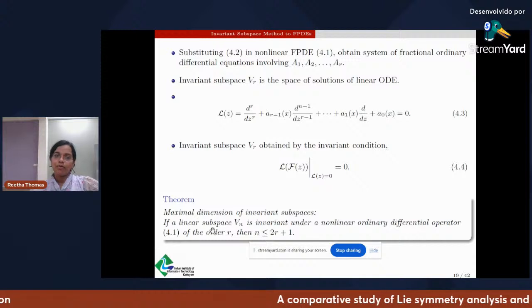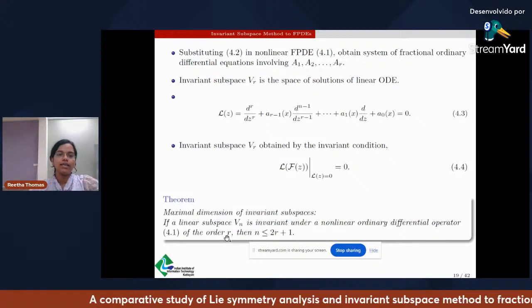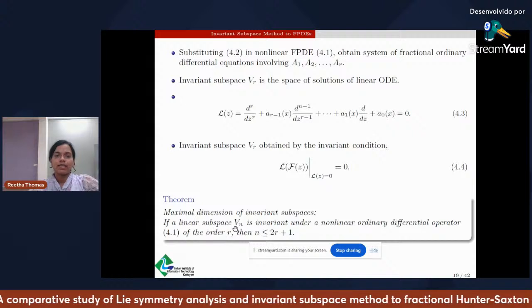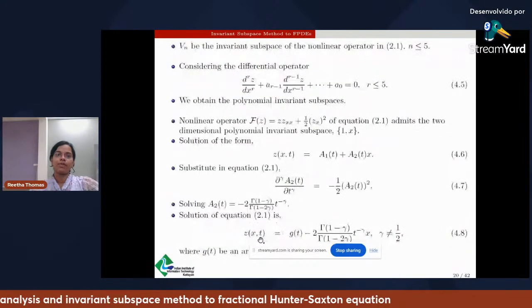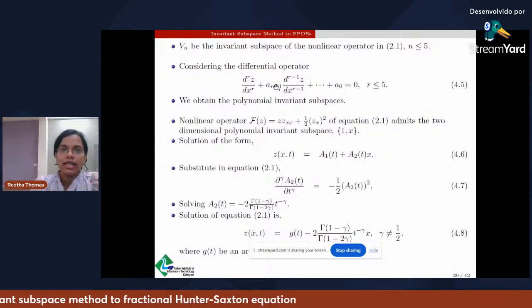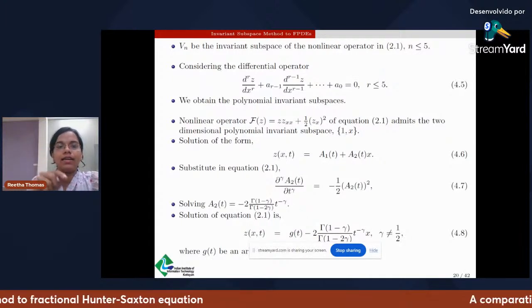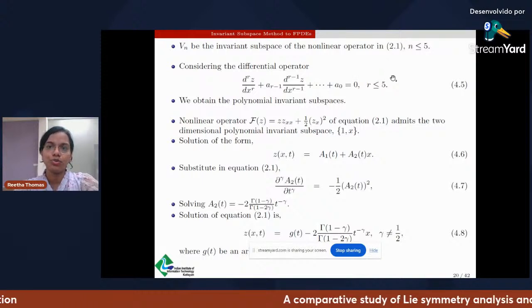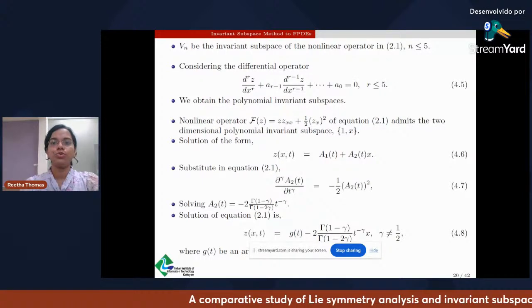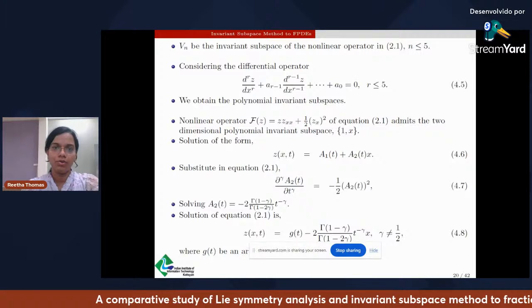That is, for a differential operator of order r, the maximal dimension of the invariant subspace is less than or equal to 2r plus 1. Here, for the fractional Hunter-Saxton equation, r, the order, is 2. So n is less than or equal to 2 times 2 plus 1, which is 5.